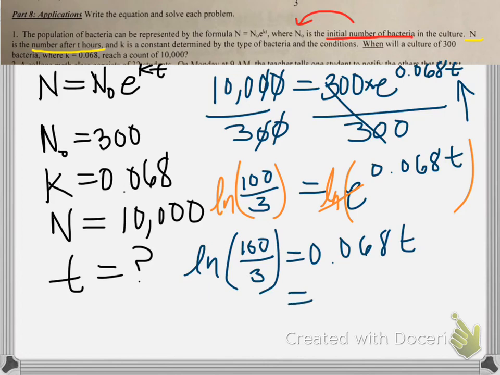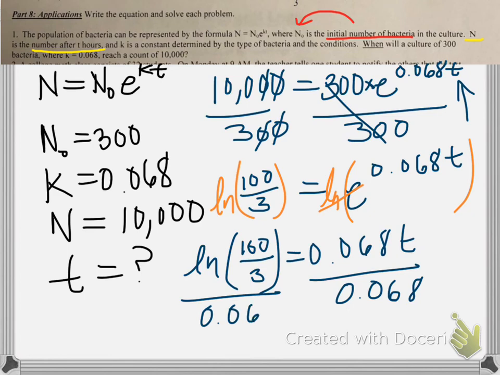All right, so let's see what that is. But now the question is, how are we going to move this 0.068 onto this side? Well, we do the same thing. We do order of operations, combine like terms basically. So we're going to divide by 0.068, divide by 0.068, and that is what t equals.